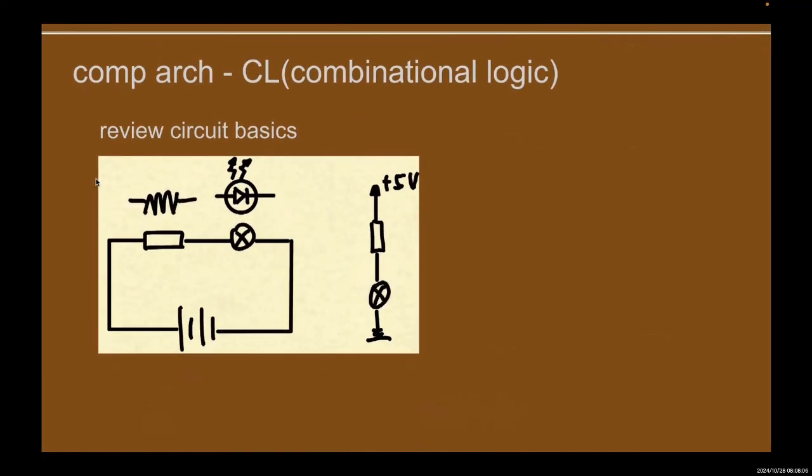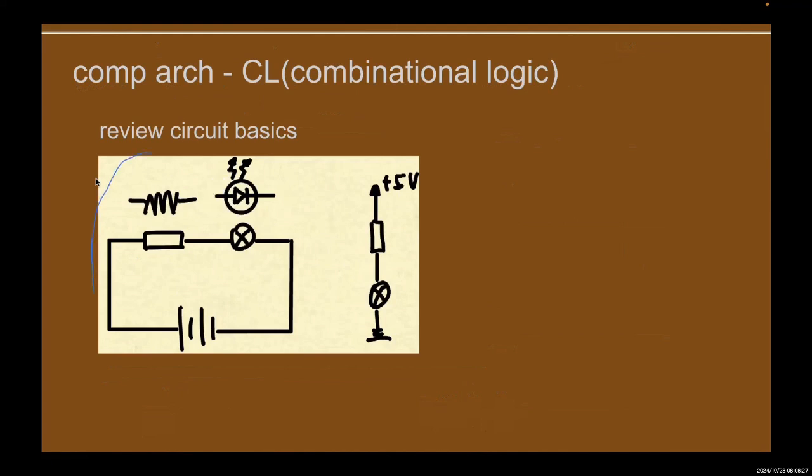And we review some circuit basics first. So this is a circuit, and this is the resistance, and this is also the resistance. They are the same, just two notations. And this is the bulb, this is also the bulb.